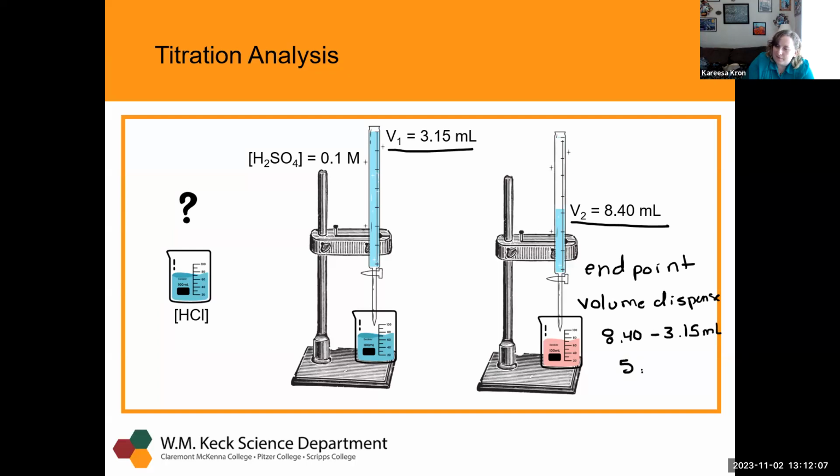And so I get 5.25 milliliters is the volume it takes to reach the endpoint. And hopefully this is close to the equivalence point. That's not something we can know unless we know the concentration of the solution that we start with.